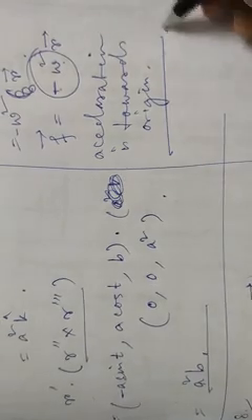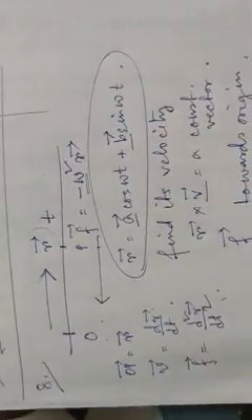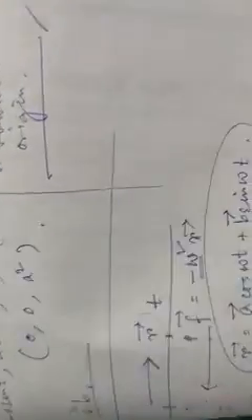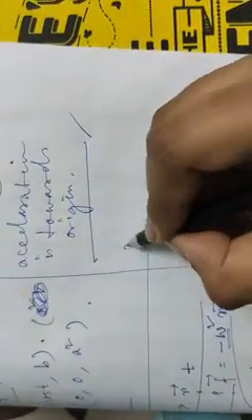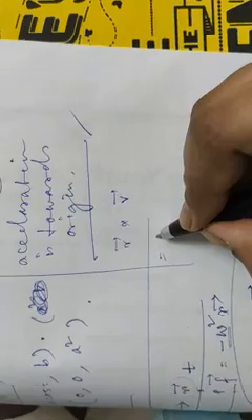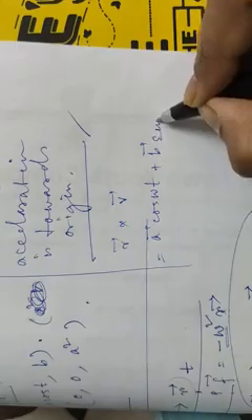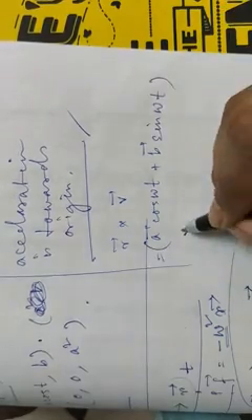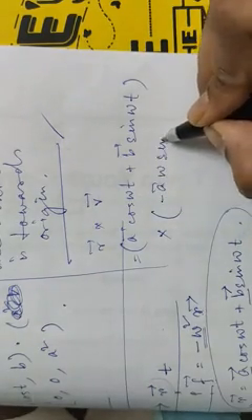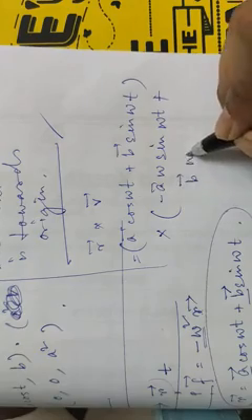Okay, this proves the second part, and there is one more part which we have to prove: that r cross v is a constant vector. So let's try to find r cross v. What was our r? r was a cos omega t plus b sin omega t, cross v, which was minus a omega sin omega t plus b omega cos omega t.